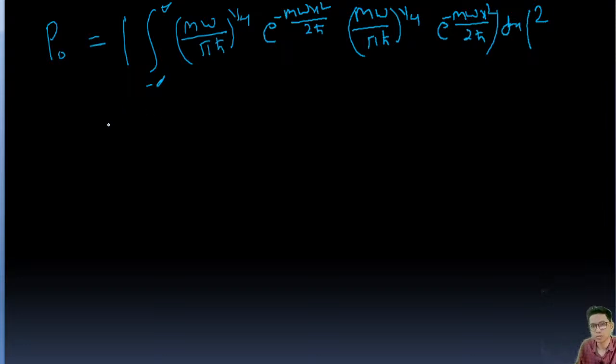So now P naught is going to be, mod square will go inside, these are real values.